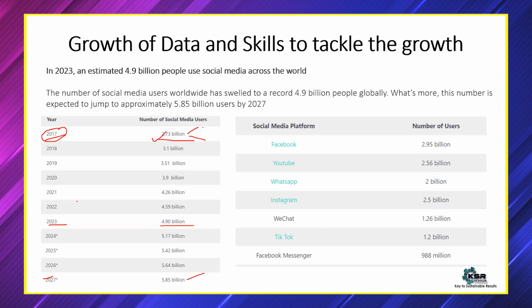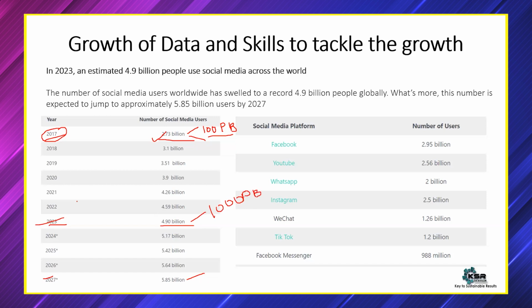Suppose 2.73 billion people are generating around 100 petabytes of data. This is just an example, it might be way more than this. If they generate around 100 petabytes of data daily, around 2023 this would be around 1000 petabytes.